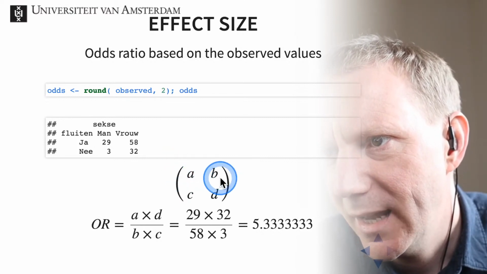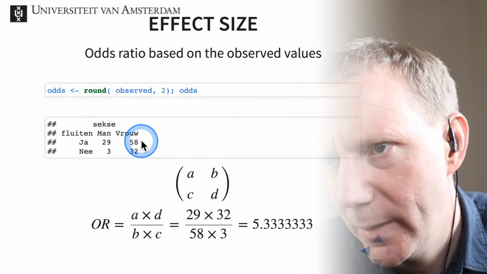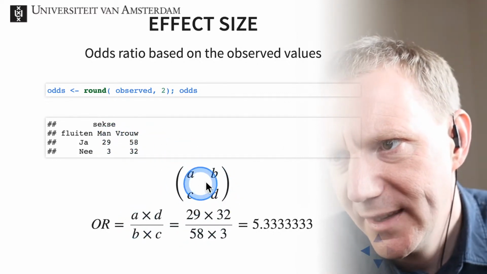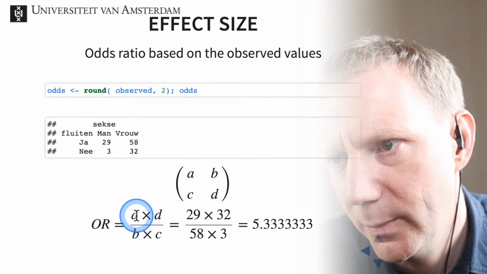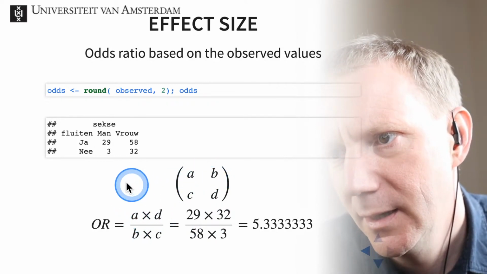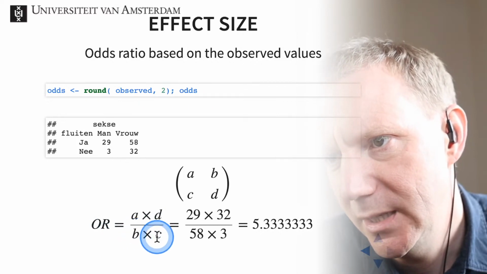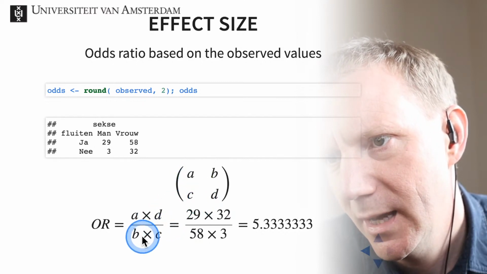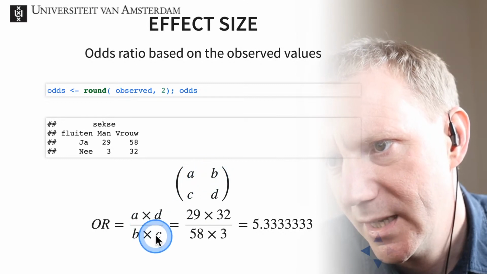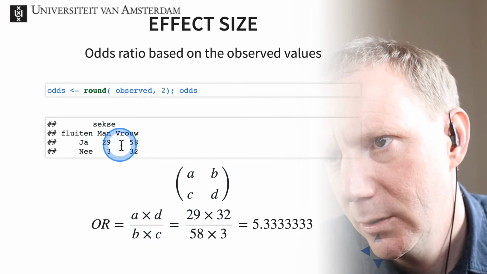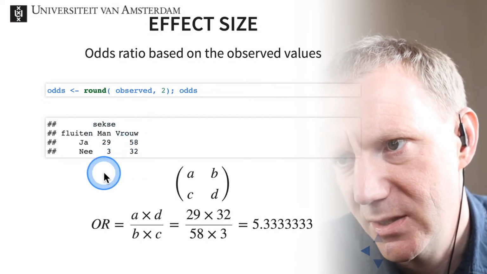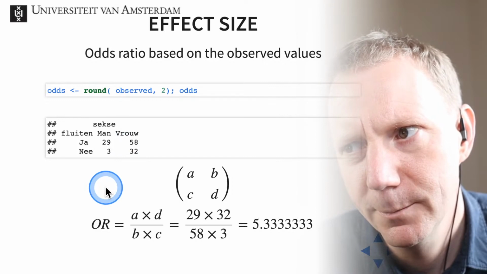I'm stating A, B, C, and D as the places where they are in the contingency table. But then to get to the odds ratio, you have to multiply A times D and B times C. So A is this position, D is that position, and B is this position, and C is that position. So you're multiplying the diagonals in essence. Does that make it more clear?